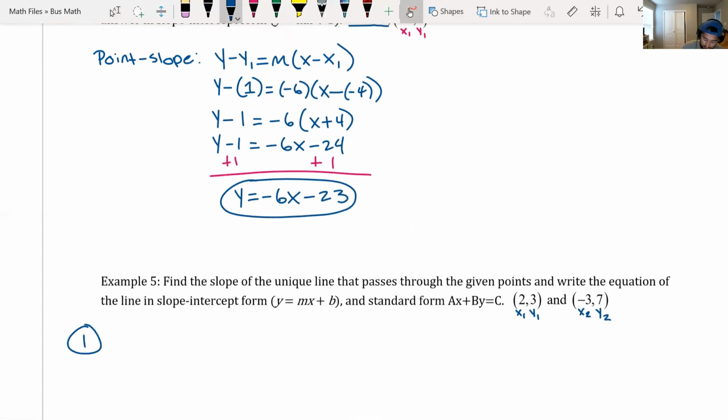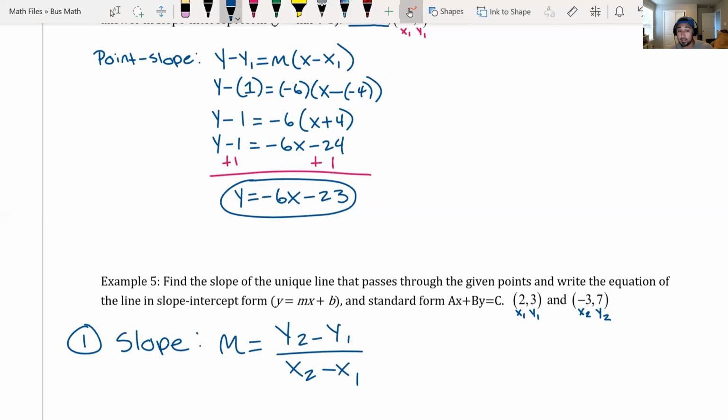So number 1. Find the slope. You remember slope is given as y2 minus y1 over x2 minus x1.